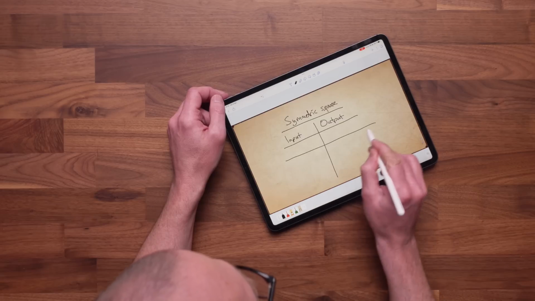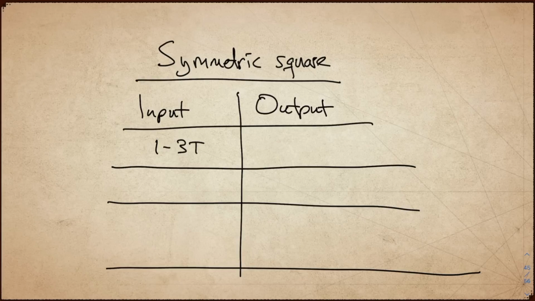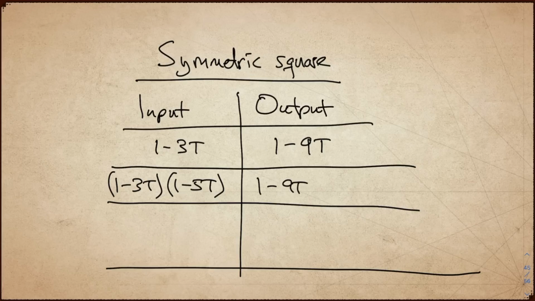For the symmetric square, 1 minus 3t goes to 1 minus 9t. So that's the square of 3. 1 minus 3t times 1 minus 5t is sent to 1 minus 9t times 1 minus 15t times 1 minus 25t.